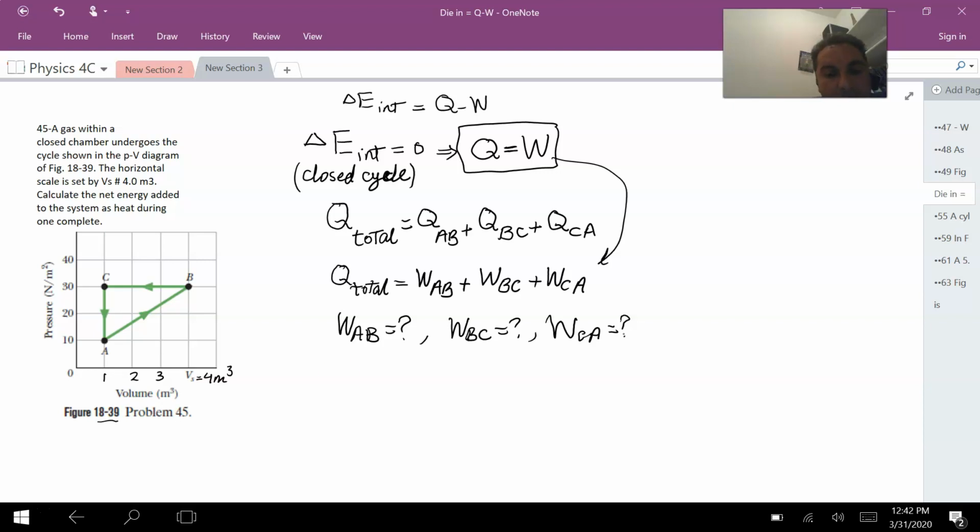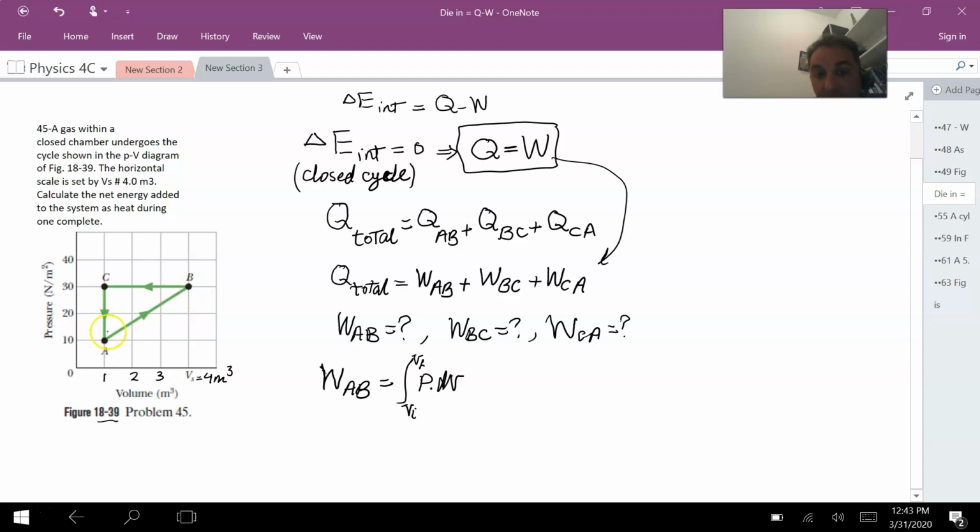Now I will find, first of all, work done in the path of AB. Remember, here we have two methods. One method, we can go by calculus, which we can write as the integral of P dV, from initial volume to final volume. So you have to find the equation of pressure, because pressure is not constant.